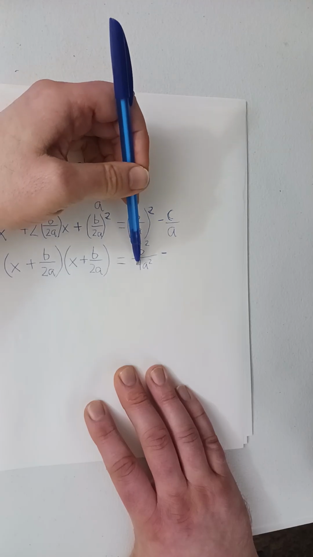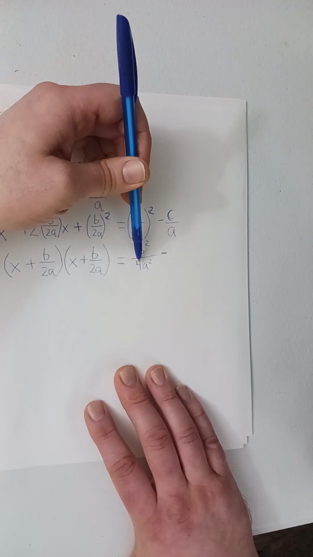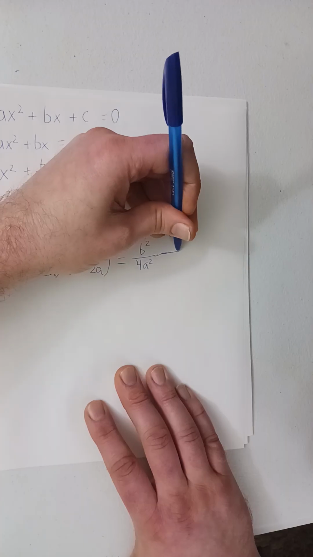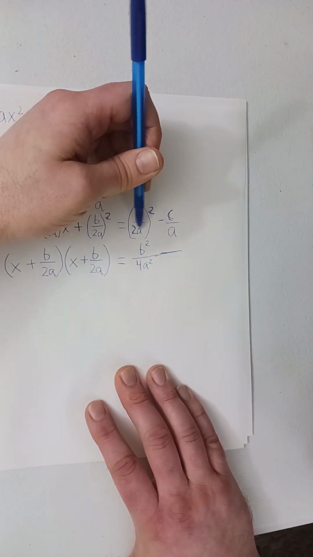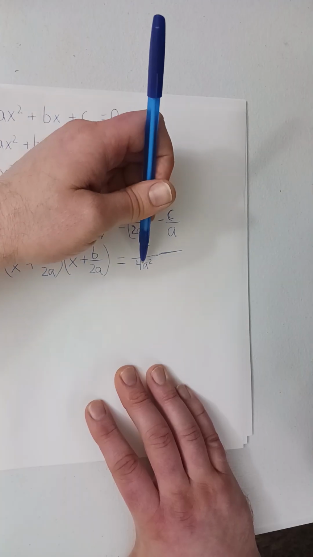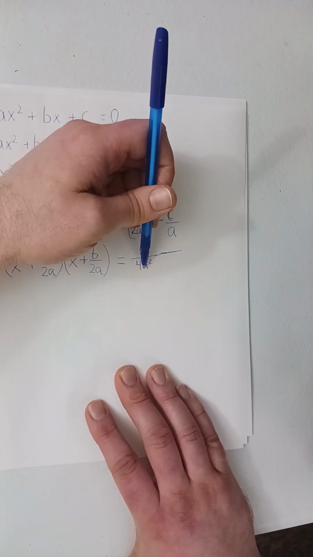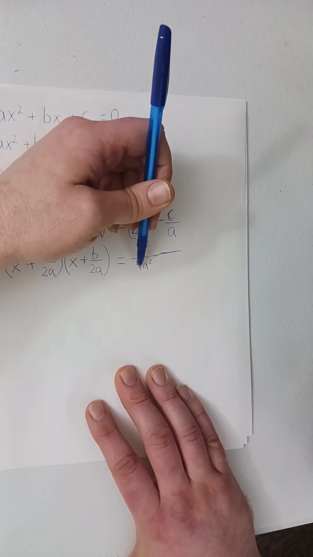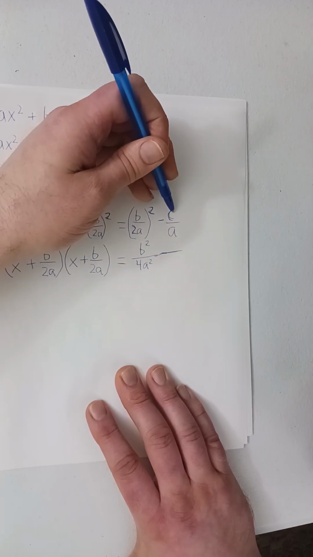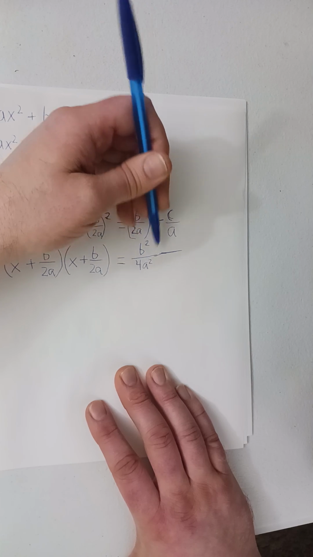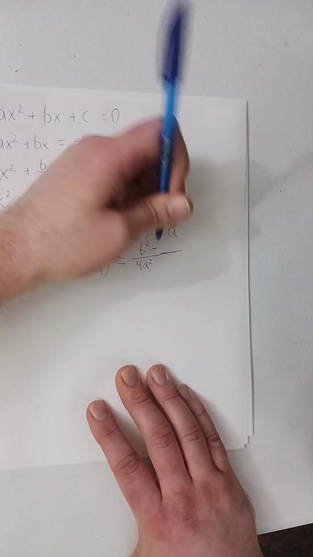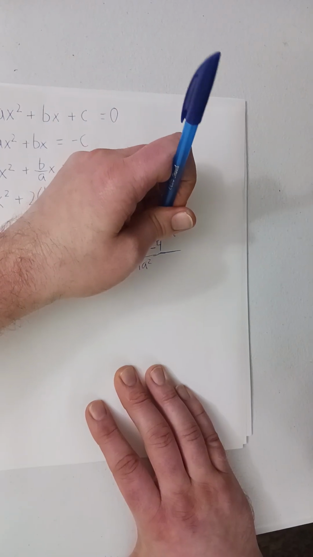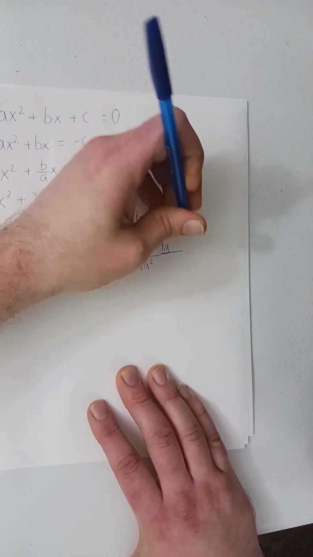So what can we do to get this to be in the same denominator with this, so we can conveniently do the subtraction? Well, since this is 4a times a, because 4a squared, right? So we can multiply c by 4a, and they can share the same denominator, right? So it would be minus 4a and then c, right?